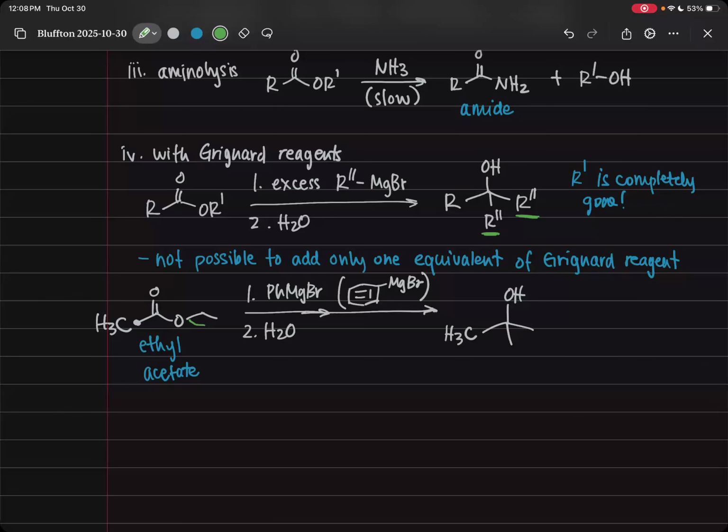What about that R group, the ethyl group? Where is that going to be in our product? Yes. So that is the same as R prime in the general example. And so that's going to be gone, no longer part of the molecule. It's going to be ethanol as a side product, but whatever, not important for our organic product. And we get two equivalents of whatever was attached to the magnesium bromide.